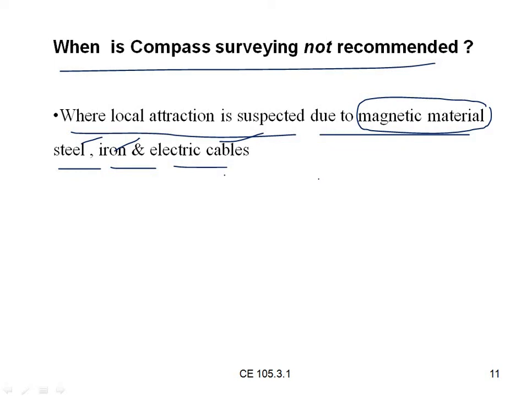So when you are taking readings or measurements, the actual readings cannot be obtained. You will get some error in the readings, within minutes or seconds of difference. That is due to local attraction. For this we have methods to rectify it.